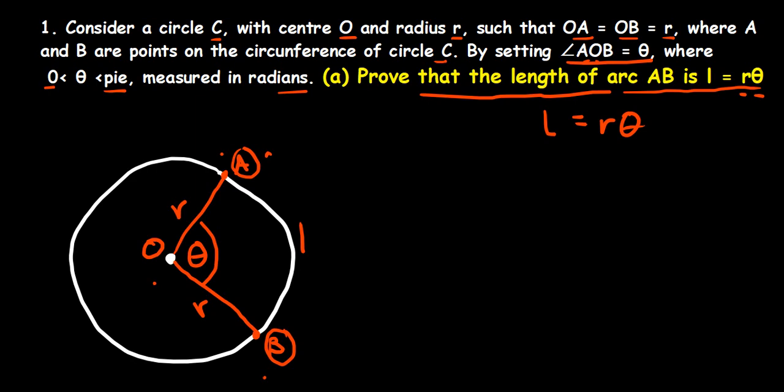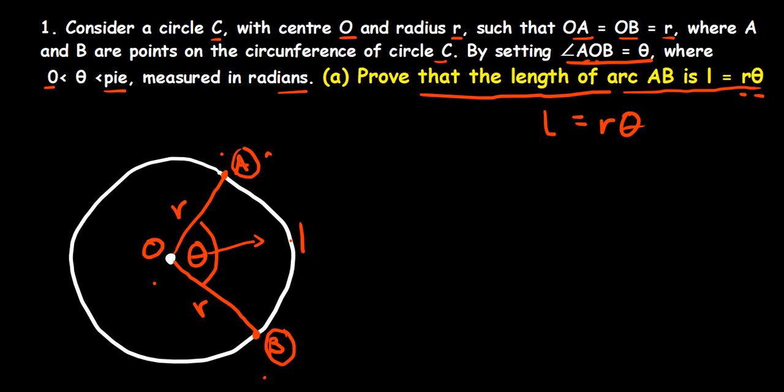Okay, so we are going to get the ratio of this arc length to the length of the entire circle. And then we are also going to get the angle that makes this arc. This angle here is responsible for making this arc here. So we're going to get that angle divided by the angle of the entire circle there.